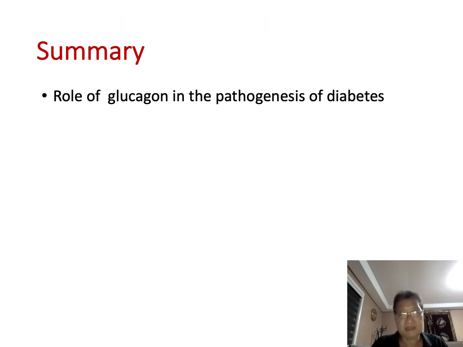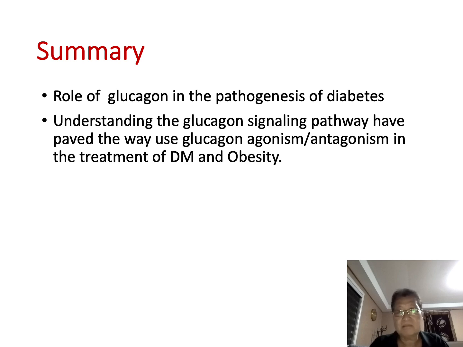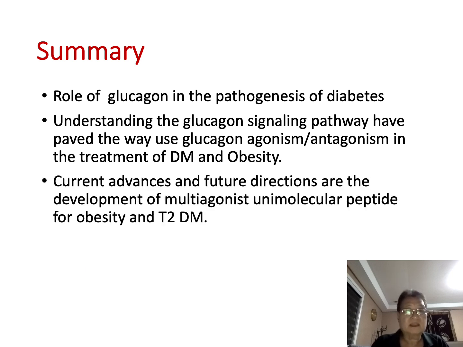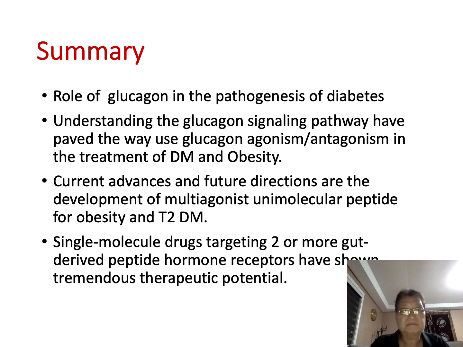So in summary, with the elucidation of the role of glucagon in the pathogenesis of diabetes through the glucagon signaling pathway, this paved the way to studies involving glucagon agonism as well as antagonism in the therapeutic potential in the treatment of diabetes and other metabolic problems like obesity. Current advances and future directions are the development of multi-agonist unimolecular peptides for obesity and type 2 DM.